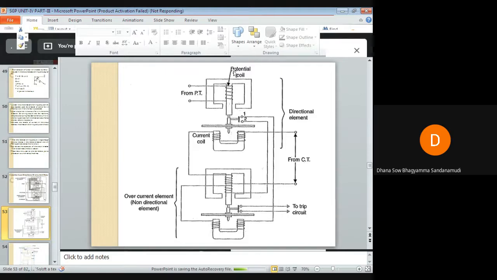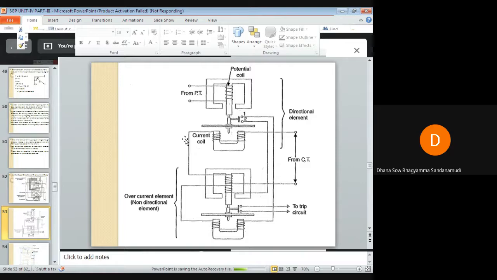If you observe in the directional element, there is a potential coil and a current coil. The potential coil is wound across the central limb of your upper electromagnet, whereas the current coil is wound across the limbs of the lower electromagnet. This potential coil is given to the secondary of the potential transformer.